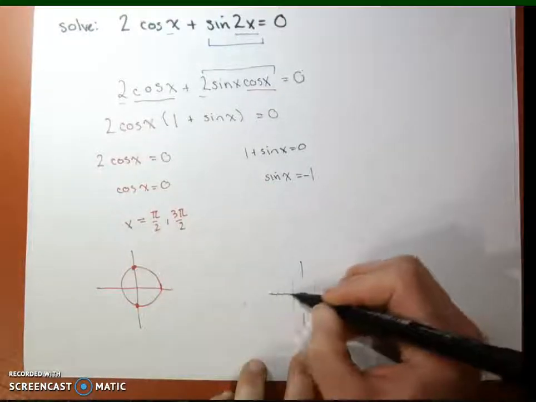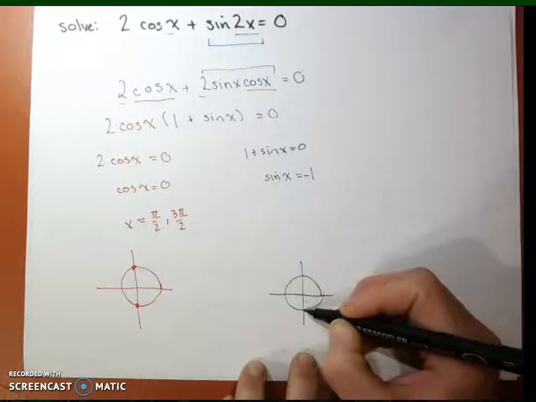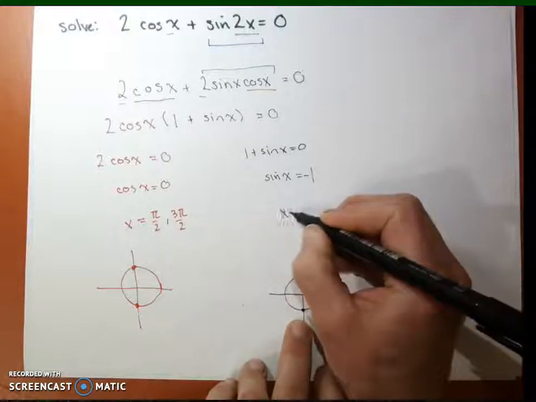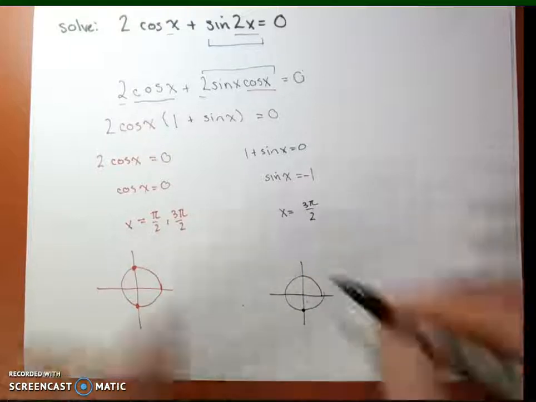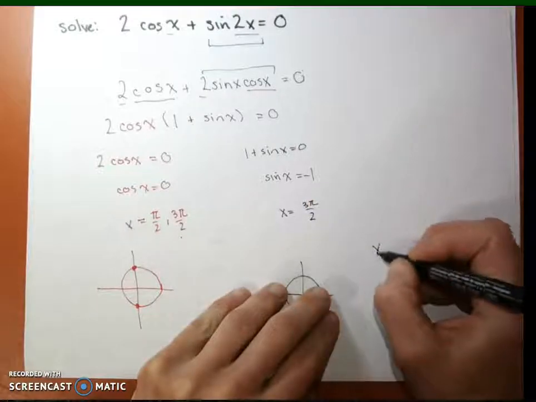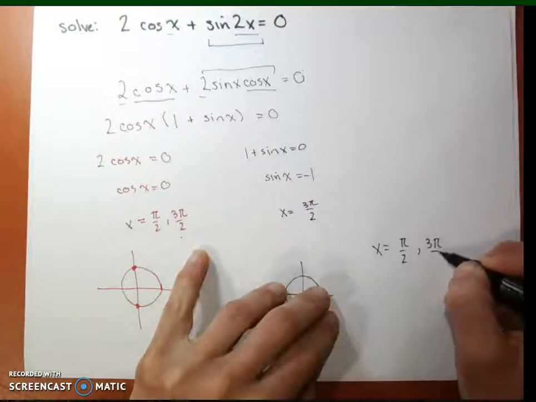So again, going to the unit circle, sine is the y value, so sine is -1 when we're at 3 pi over 2. So x is 3 pi over 2. And that was a value that we already got. So our answer is x equals pi over 2, or 3 pi over 2.